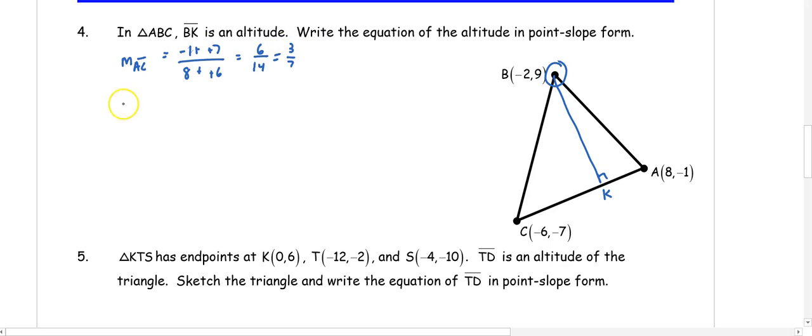Now, we need to find the perpendicular slope, remember, is the opposite reciprocal. So we're going to flip that fraction, and because it was positive, it now becomes negative. So negative 7/3. Now, when I write the equation, I'm going to use that b coordinate and my perpendicular slope. So I have y minus 9 equals negative 7/3 x plus 2.